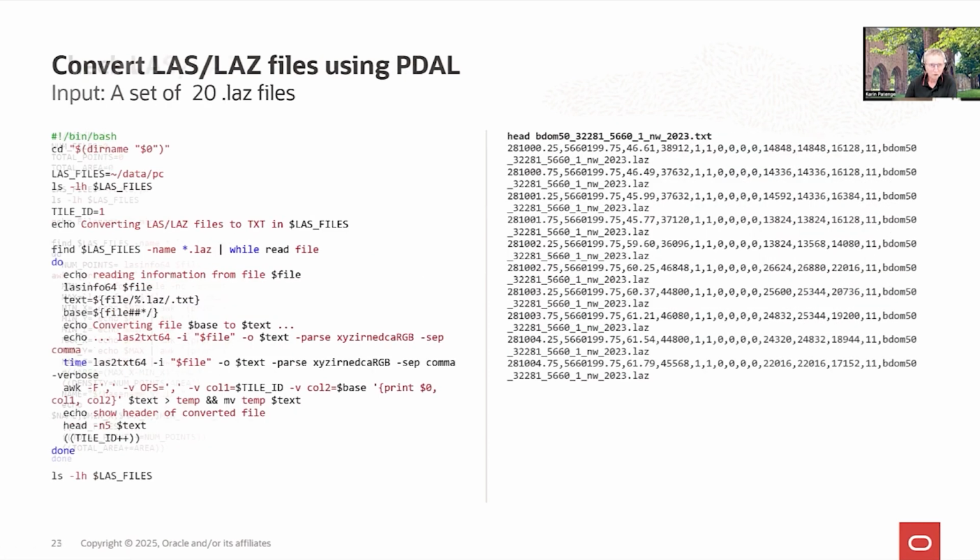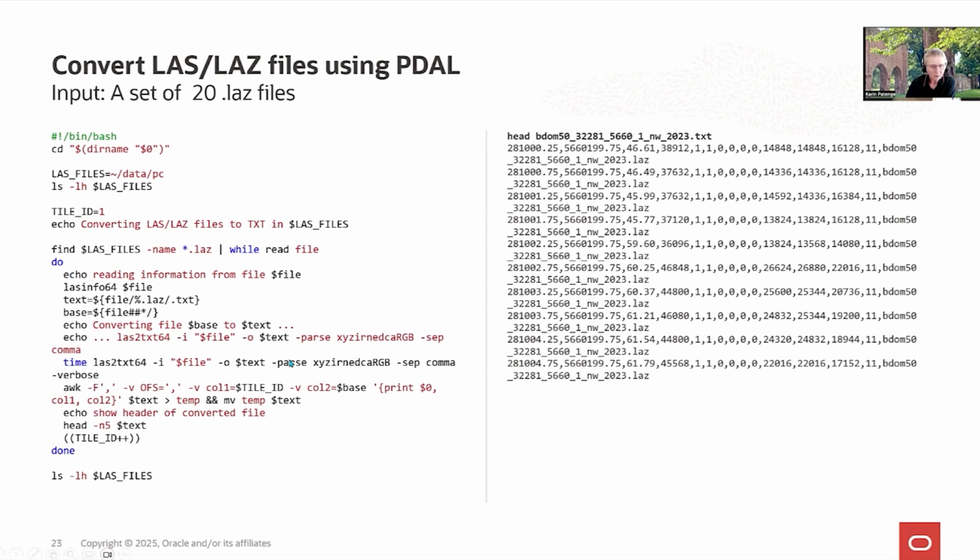So this is just to get an overview, and the next step is converting the LAS files using the second command, which is las2txt64, and there we take the file. In this case, these are compressed LAS files.